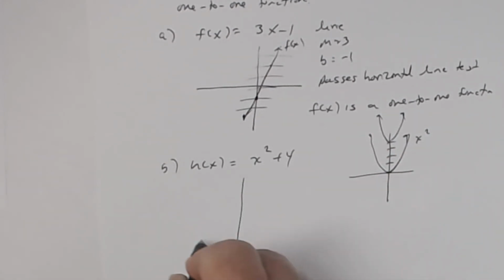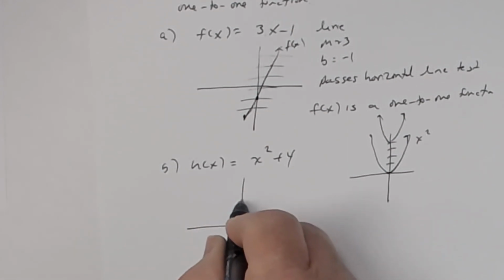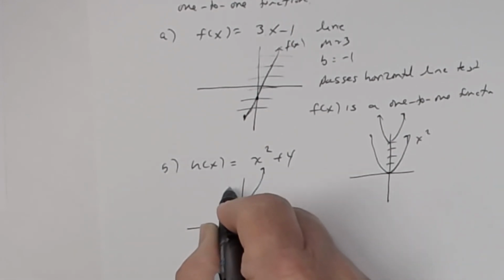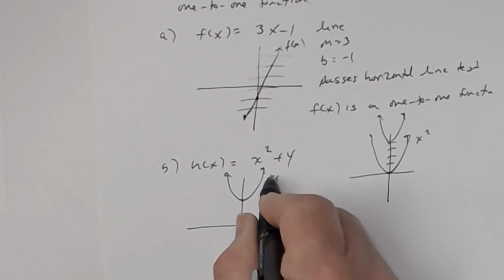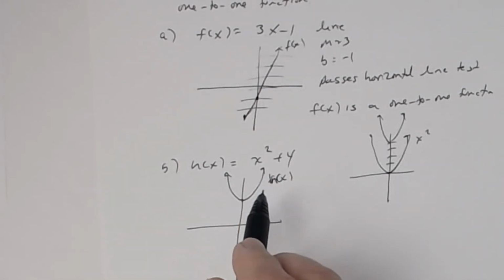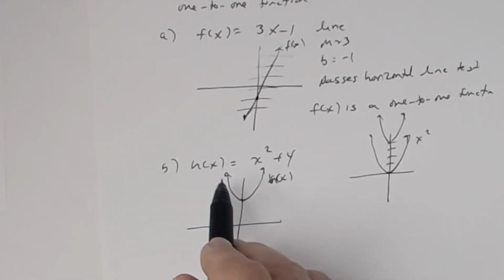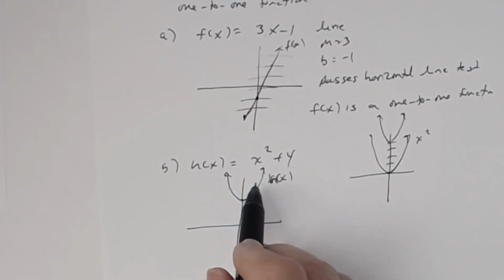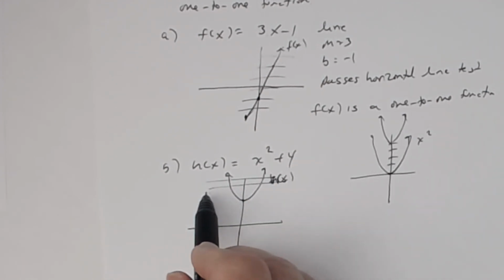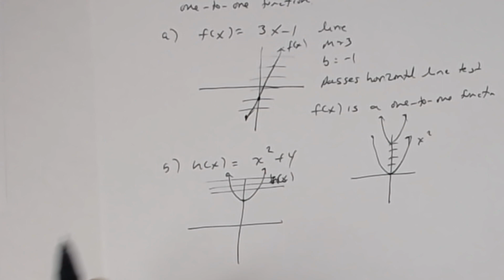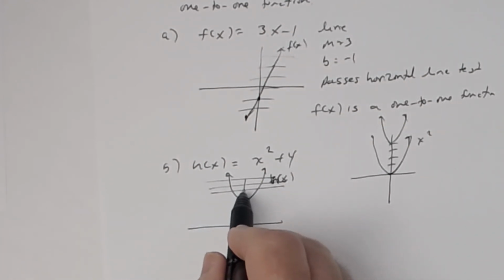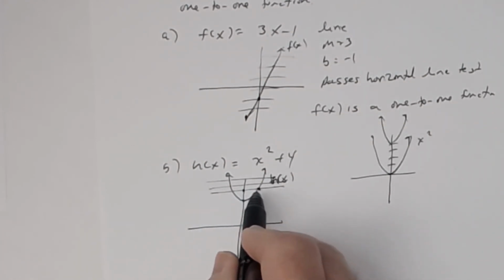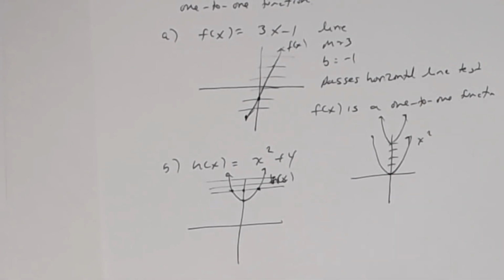So if you look at the graph of h of x, then it'll look something like this. But in particular, oops, that's h of x, so be careful with your notation. In particular, though, notice that this function here fails the horizontal line test. Notice that when y, whatever this y value is, there are going to be 2 different x values.